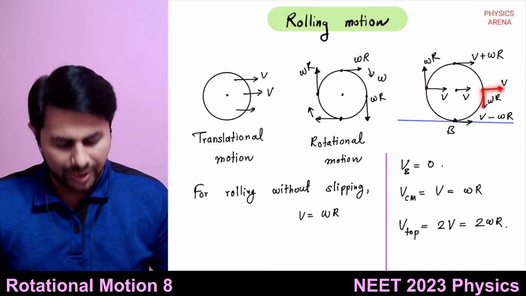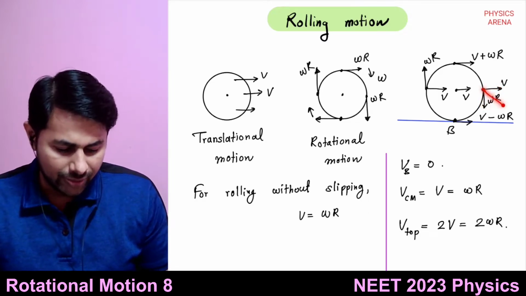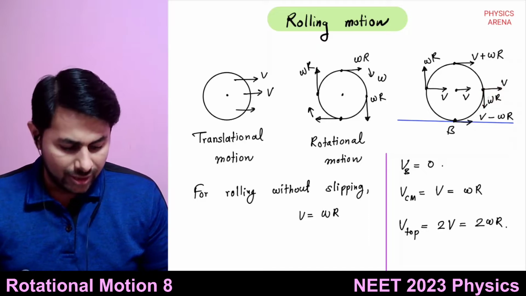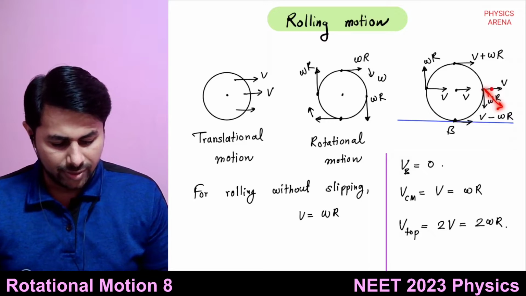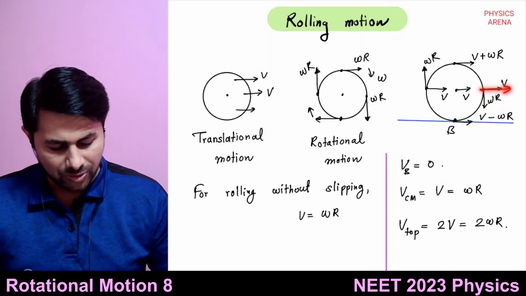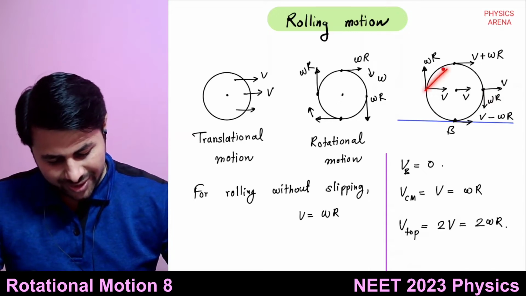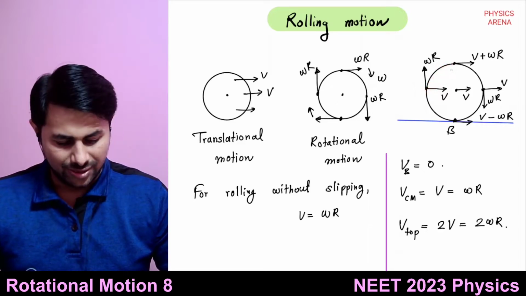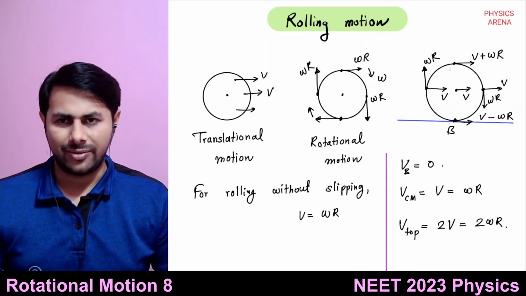And what about this point and this point? If v is equal to omega r, what will be the direction of velocity? It will be at 45 degrees, because these two vectors v and omega r are equal. So the velocity of this point will be at 45 degrees with respect to vertical, or minus 45 with respect to horizontal. Here at this point also, its velocity will be at 45 degrees, and its magnitude will be square root of 2 times v.